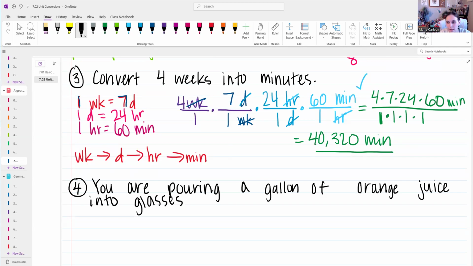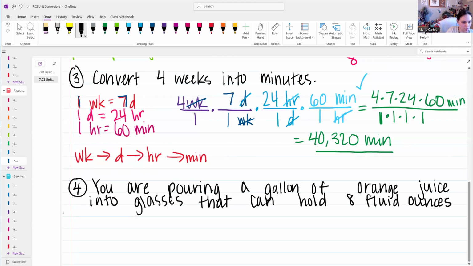So you are pouring a gallon of orange juice into glasses that can hold 8 fluid ounces of juice. How many glasses can you fill?